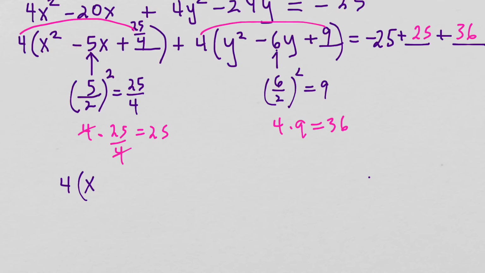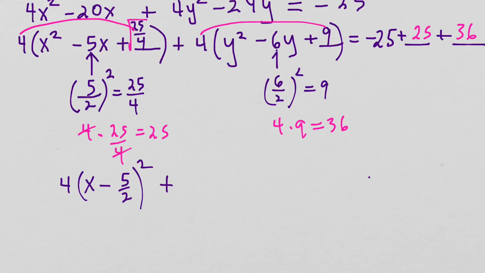This sign goes here, and then the square root of 25/4 brings us back to 5/2, because we squared it to get 25/4. If we undo the square by taking the square root, it brings us back to this number here. All right, so then we have this 2, okay? Then we bring down the plus here.